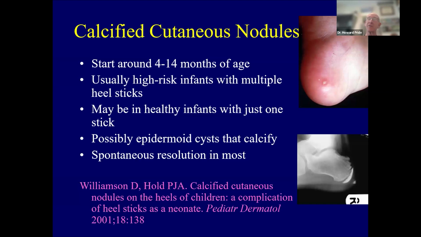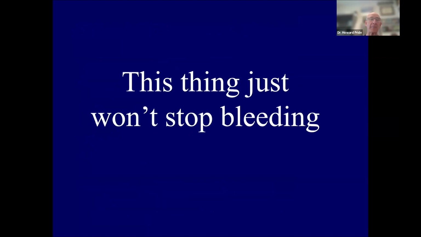So for somebody that's had prolonged hyperbilirubinemia and had bilirubins checked as an infant, these multiple pricks on the heel will tend to lead to these. They're harmless enough. You can take a 15 scalpel blade and just kind of pare them down and get the calcium out. But just leaving them alone, eventually the body will exude the calcium and they'll disappear. But getting the story is really helpful that they had multiple heel sticks and the light bulb will go on and you figure it out.